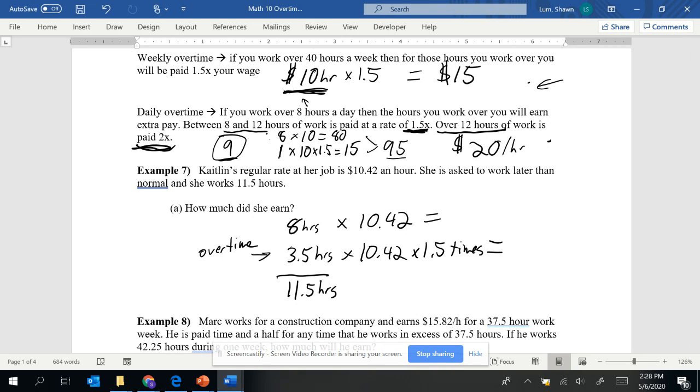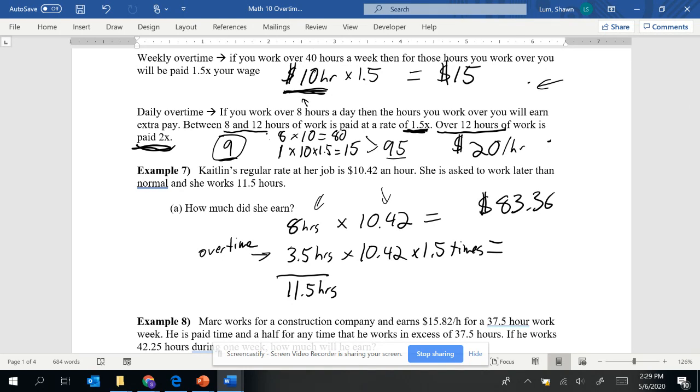Okay. And so I'm going to plug that into my calculator. I'm going to calculate this one first. So 8 times 10.42 equals, and I get 83.36. So for this particular day, she made $83.36 for her first 8 hours.